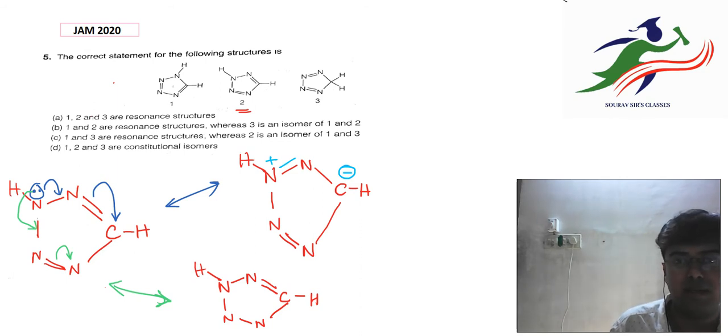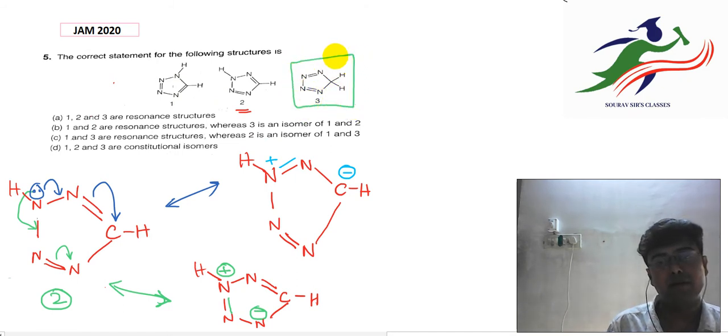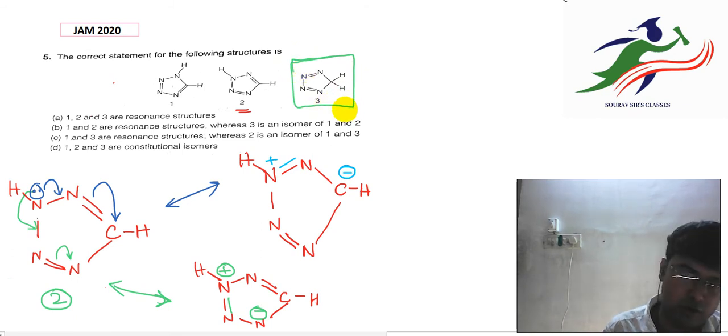Now once again, a new double bond comes over here, minus charge, plus charge. So compound number 2 gives two resonating structures which do not match with either of 1 or 3. Now compound 3 has got no chance for resonance.